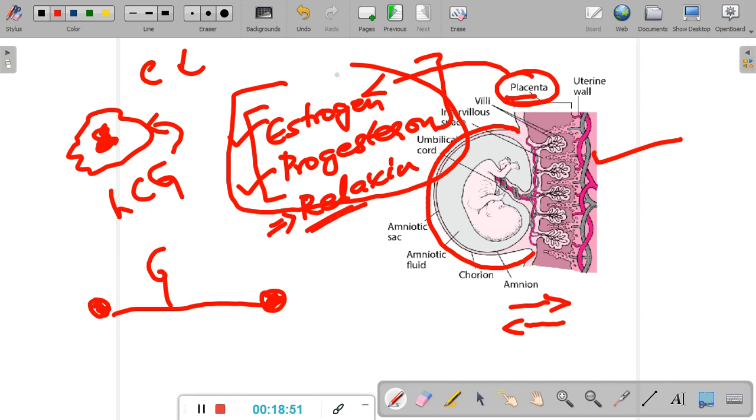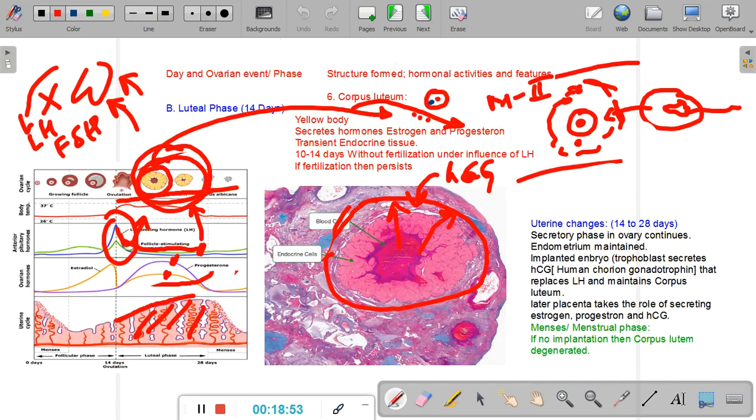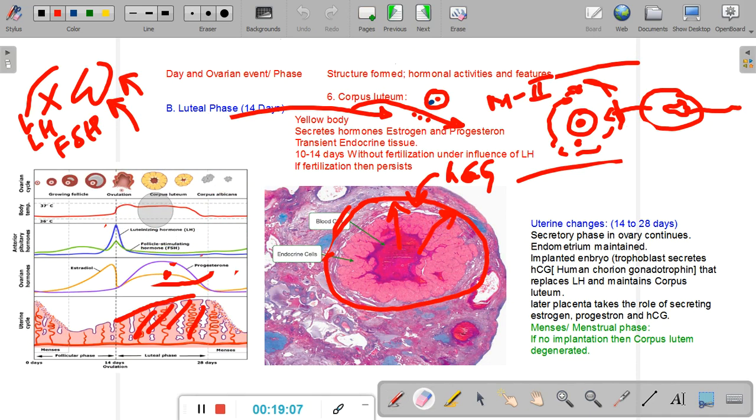Anyways, so we have covered the different changes that take place in the luteal phase and the hormonal changes that take place during pregnancy. And I hope now this entire cyclic process, the menstrual cycle, is amply clear to you.